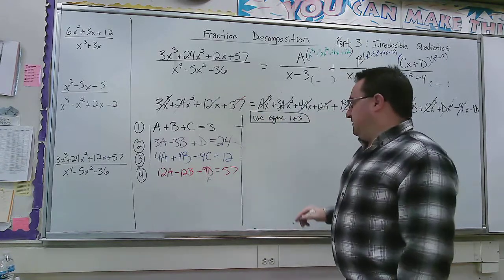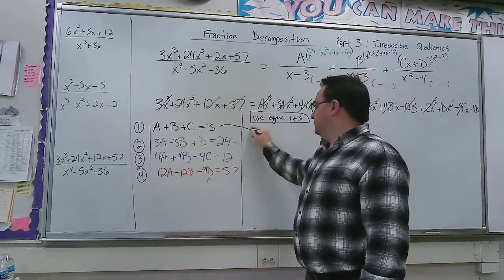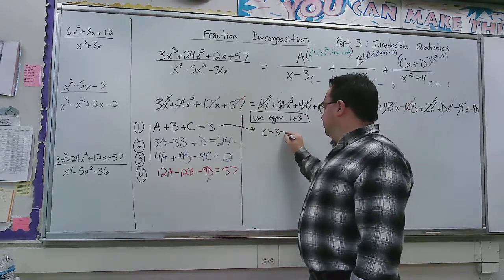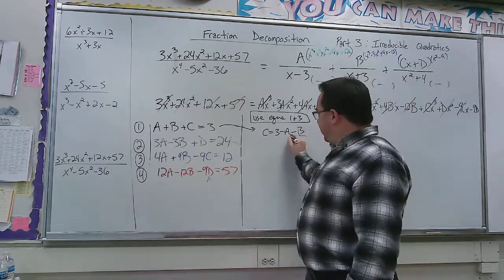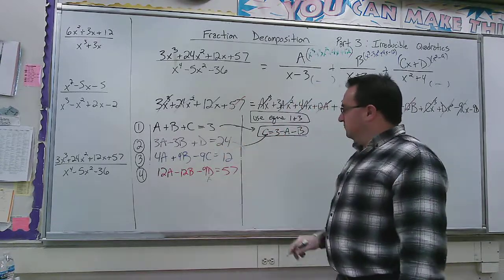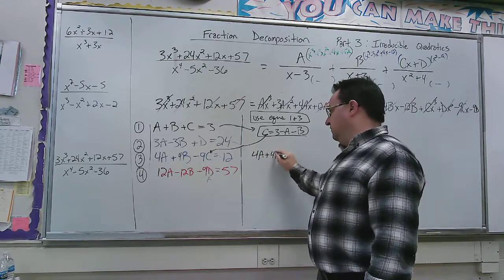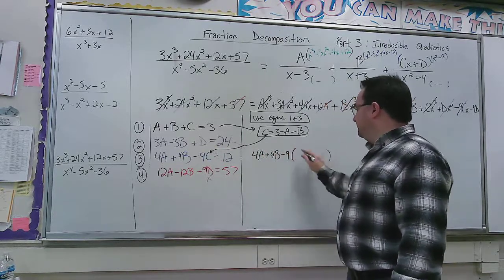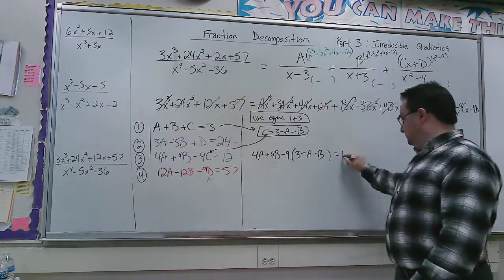To do that, I'm going to take this one and solve for C. C equals 3 minus A minus B. And then I'm going to plug that in right there. See, that's what C equals? So that's going to give me 4A plus 4B minus 9 times (3 minus A minus B) equals 12.